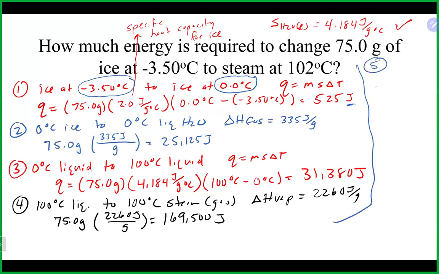Number 5, we're going to go from 100 degrees to 102 degrees steam. And again, we're going to use Q is equal to ms delta T. I'll flop it on the next page here. So Q is equal to ms delta T to do that.